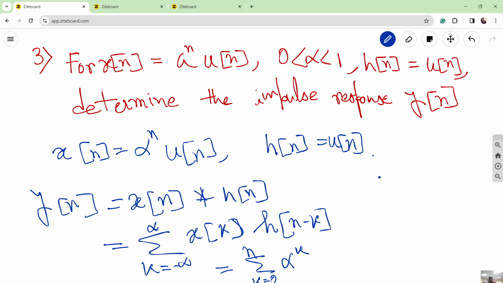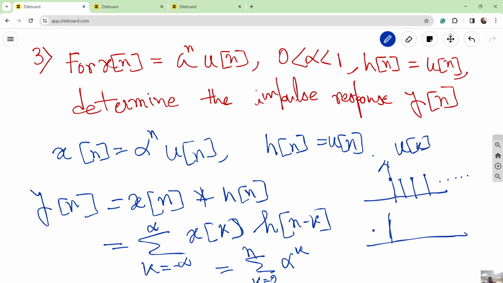This is because graphically we can see that this is u of k, then this sequence is u of n minus k.